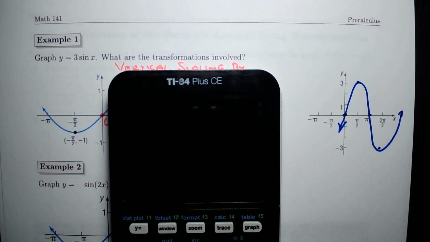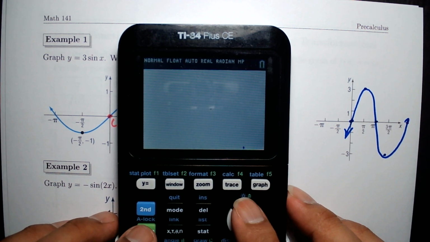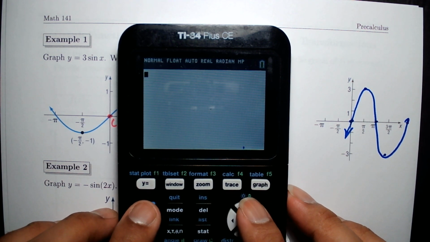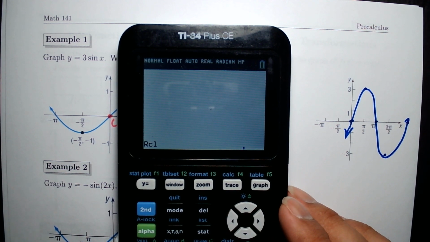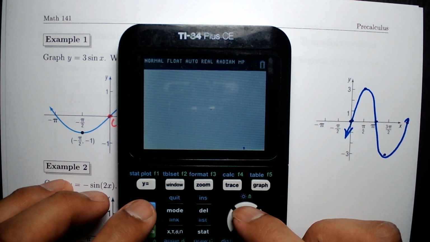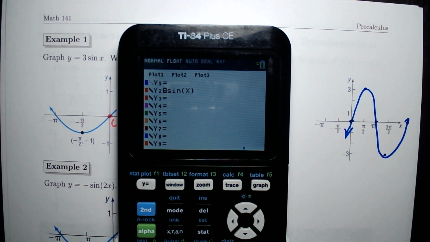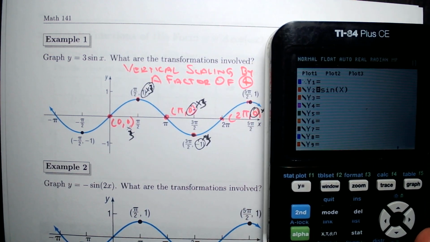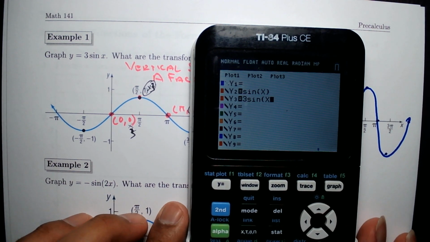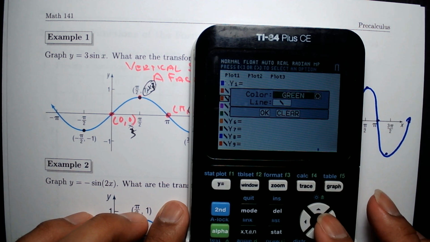If you want to see it on the graphing calculator, let me put 3 sine x, and let me change the color to green.